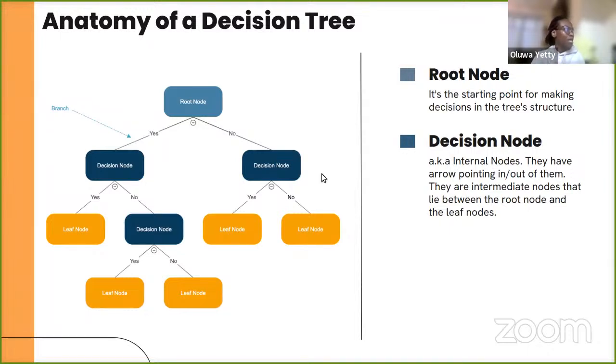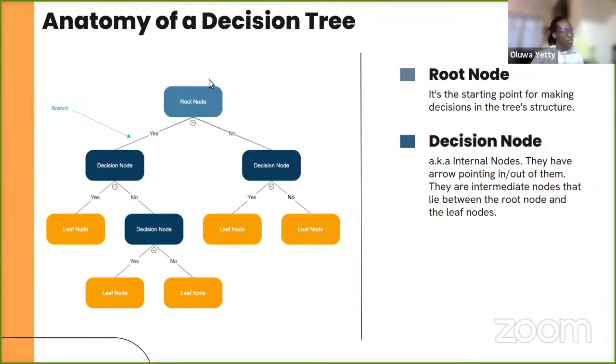And they are the ones that lie between, how do I put it? They have an arrow pointing in and out of them. So that's why we call it intermediate, because they are in the middle. A branch is pointing into them, a branch is pointing out of them.